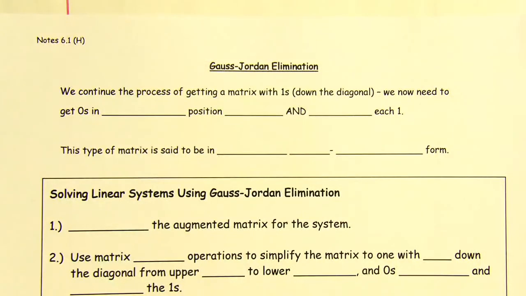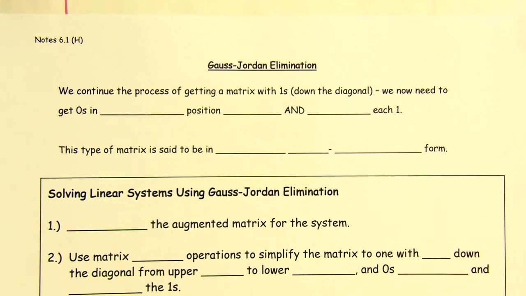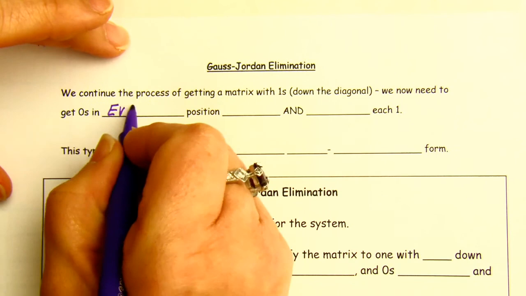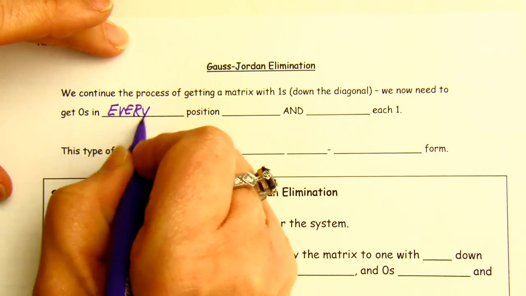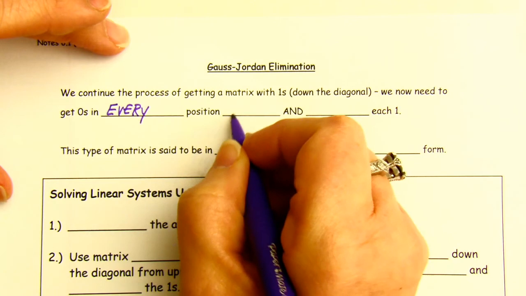All right, Chapter 6, Section 1. This is the last part of the section. Gauss-Jordan elimination. We continue the process of getting a matrix with ones down the diagonal, but we now need to get zeros in every position both above and below each one.